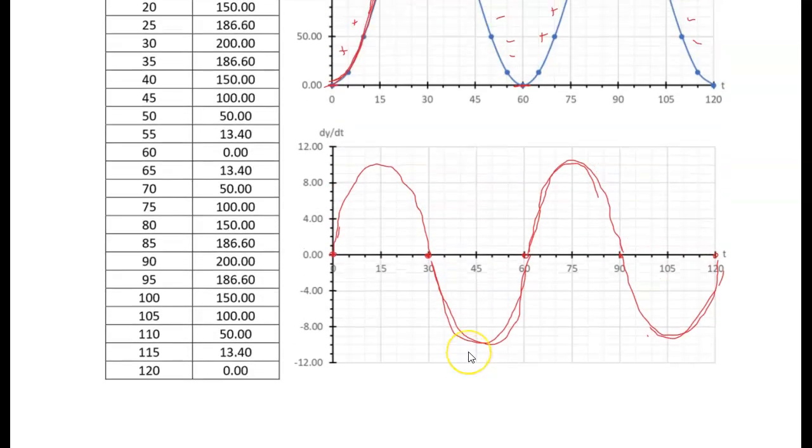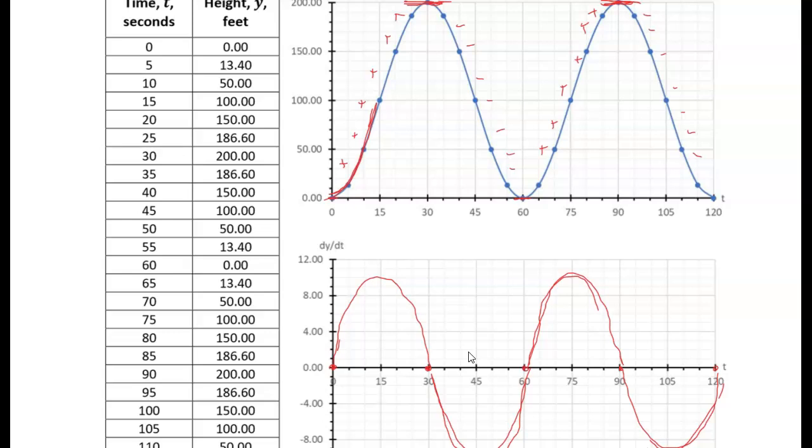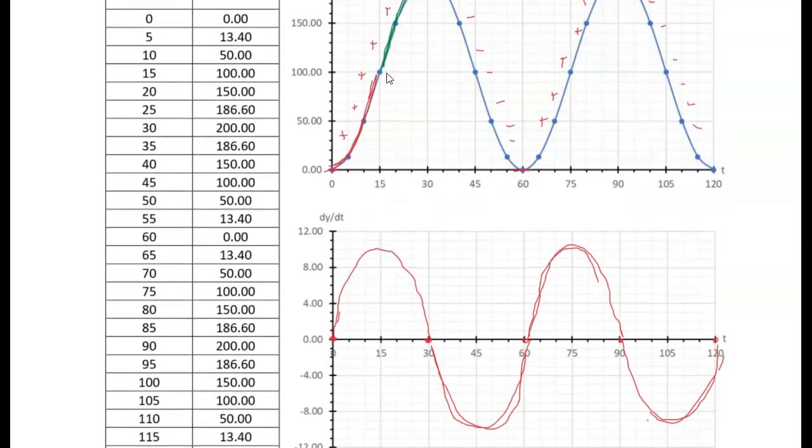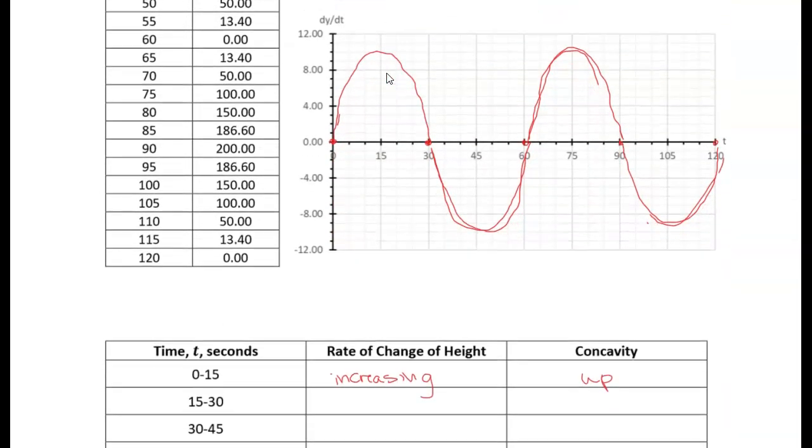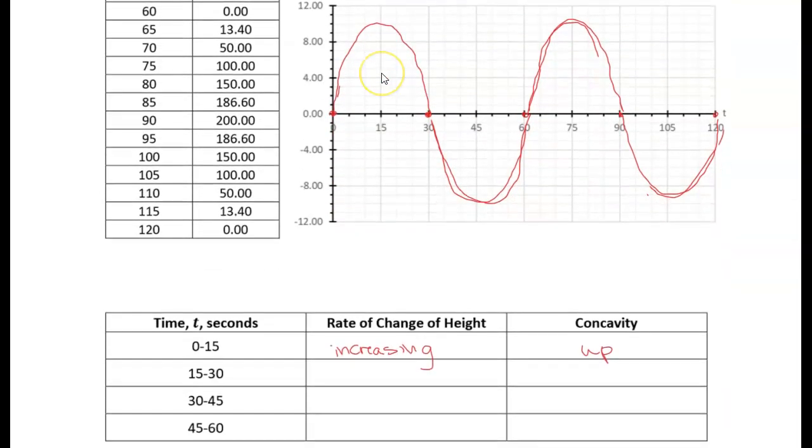All right, let's look at 15 to 30. In this section, we're still increasing, but now the slope is starting to flatten out. It's steep, and then it becomes a little less steep. So the slope is decreasing, which means it's concave down. So between 15 and 30, the function itself is still increasing, but the slope is decreasing, which means it's concave down.